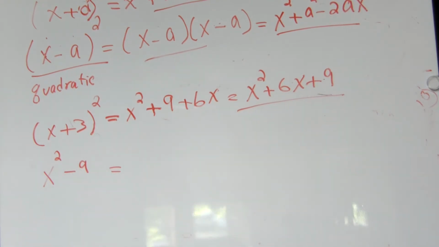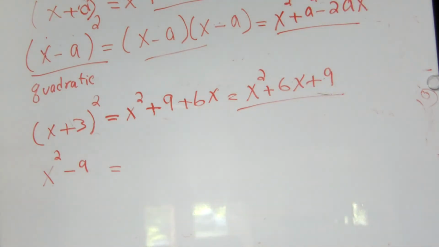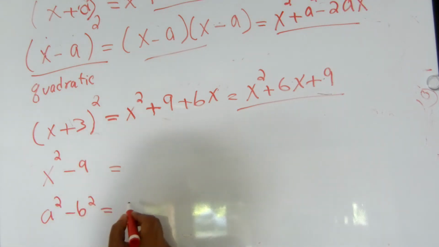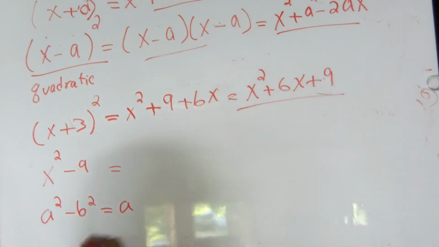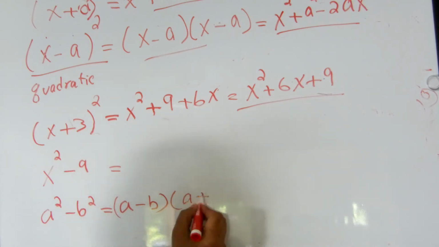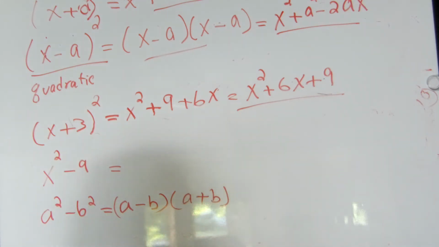The general rule is that a squared minus b squared is going to be a minus b times a plus b. We are going to find out why it's like this.